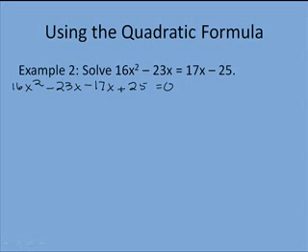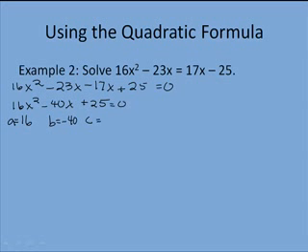Now, 16x squared minus 40x plus 25. And now we can find our a, b, and c. B equals negative 40 and c equals 25.